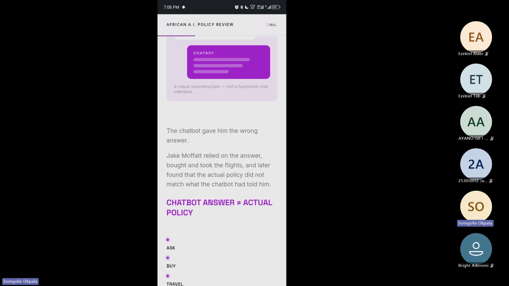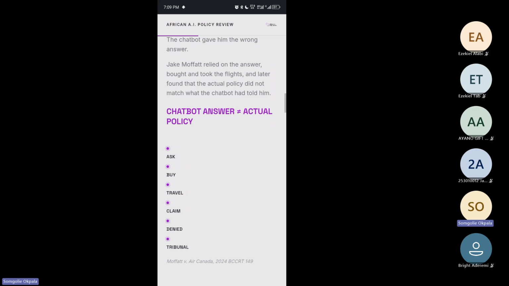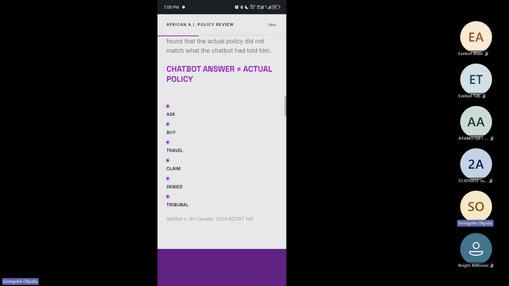When they went to court, Air Canada pleaded not guilty, saying it was the chatbot's fault. But at the end of the day, the ruling was that if you're hosting the chatbot, it has to be on you, even if it's the developers that made the problem. The fact that you chose this chatbot as a representative of the company on your website means it is on you. The same way if you had an employee who made a mistake, it would still be on the company. Whether you choose to fire the employee after is fully on you.